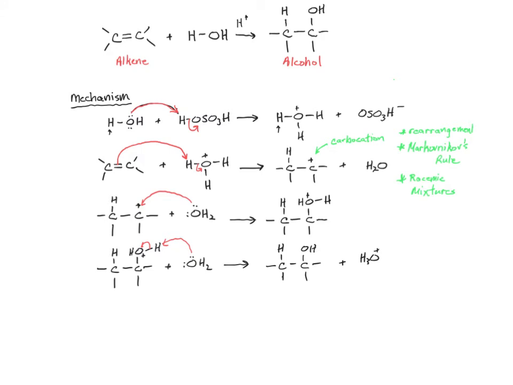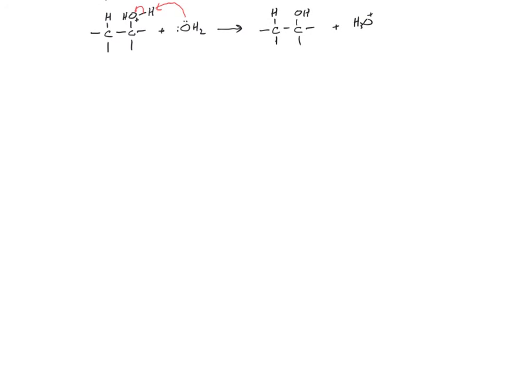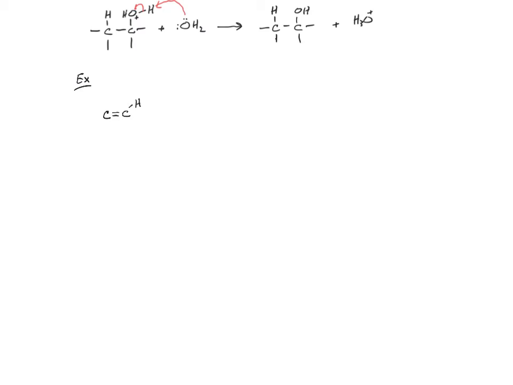Okay, so let's look at a couple of examples here. Let's take a look at what happens when we use a non-symmetric alkene. This is probably one of my favorite non-symmetric alkenes. You'll see this show up a lot in our conversations about addition reactions.